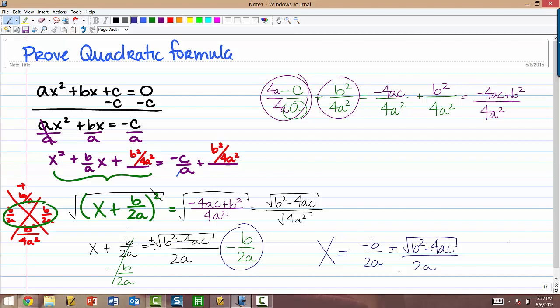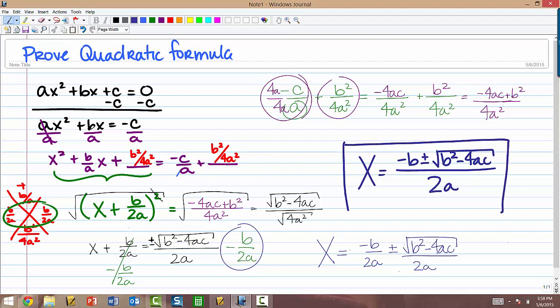And now because both of these things are all over 2a, we get to combine them into one big giant fraction. So we end up with negative b plus or minus the square root of b squared minus 4ac, and it's all divided by 2 times a.